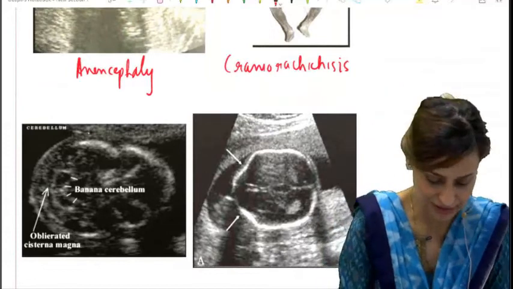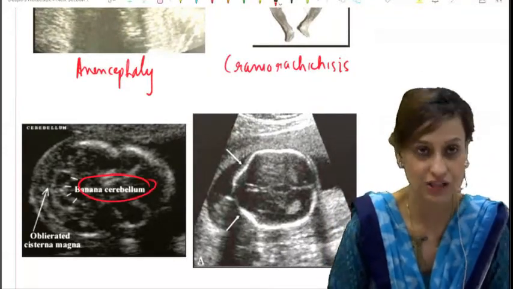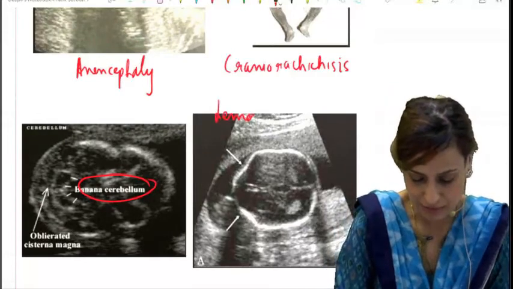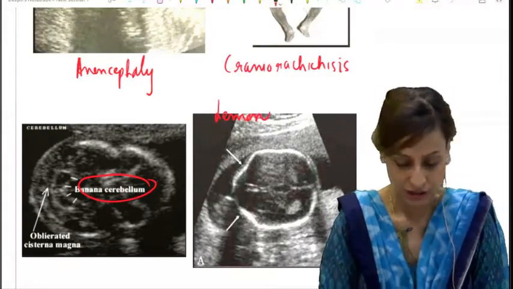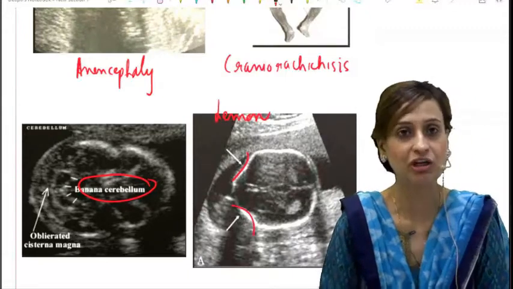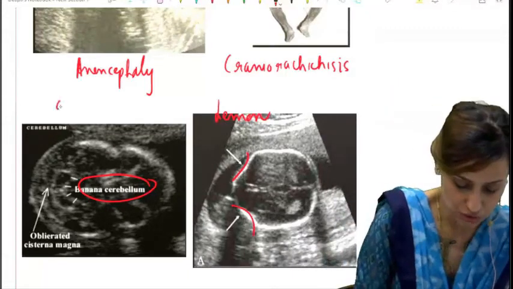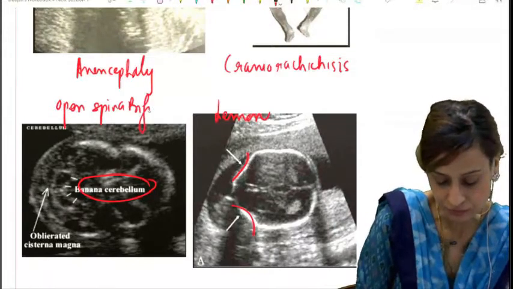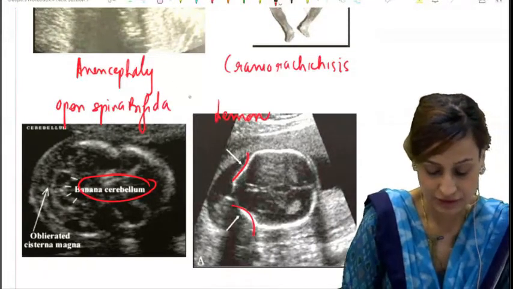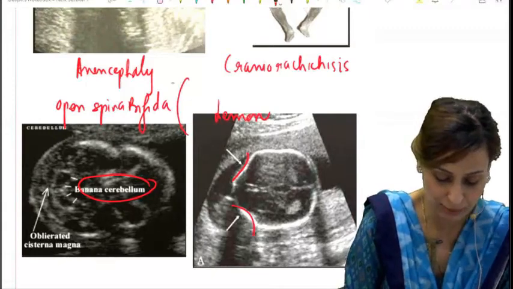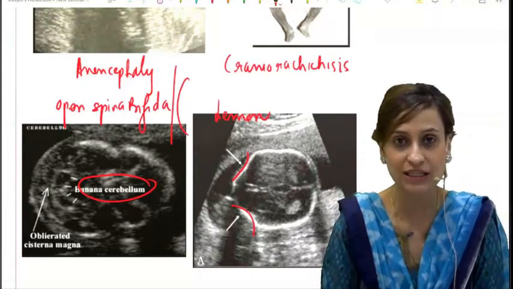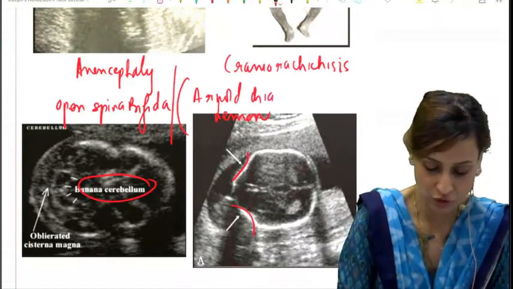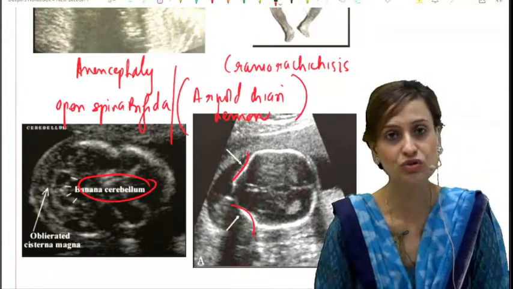One is the banana sign, where you see a banana shaped cerebellum. The other is the lemon sign, which is the concavity in the frontal bones. So these are also signs of open spina bifida, and apart from spina bifida, they can also be seen in Arnold-Chiari syndrome, or Chiari type 2 syndrome, right?